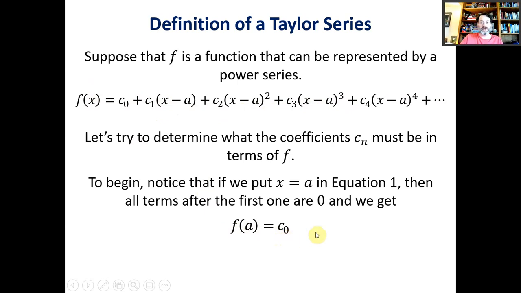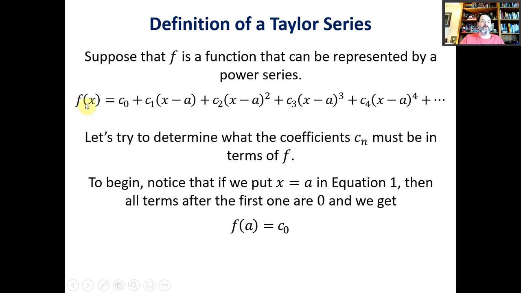Now this should make sense because we're trying to approximate a general function with an infinitely long polynomial, or whatever it happens to be. A power series, right? Kind of looks like this. And so we would expect that at least at one point the two different representations have to touch.